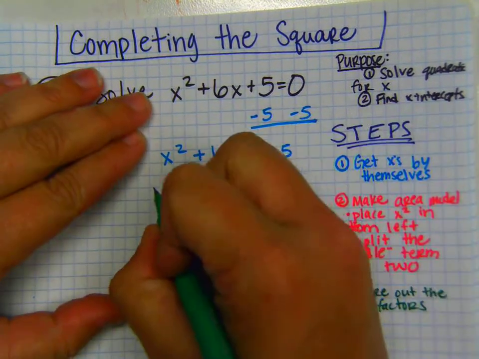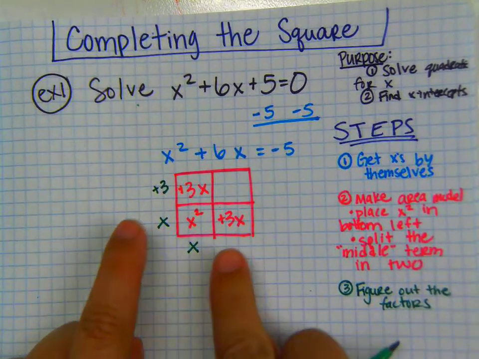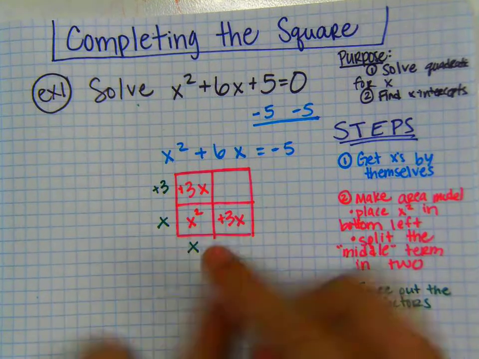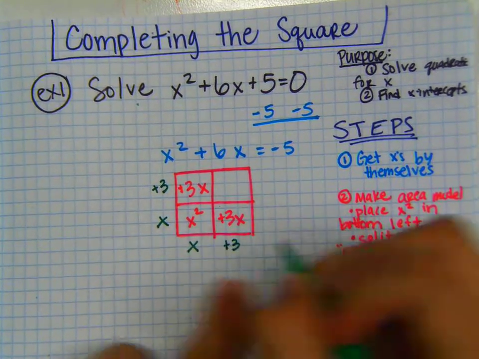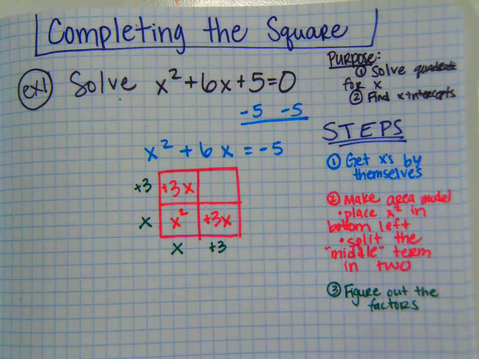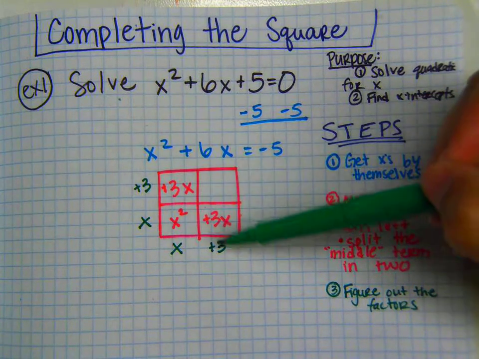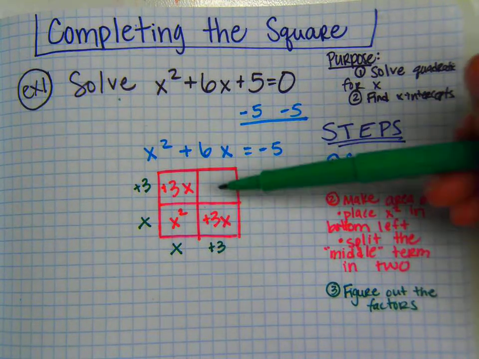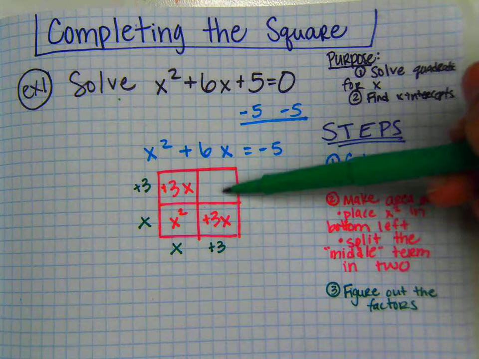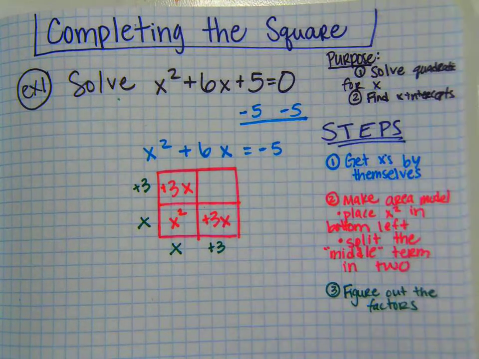Well, that'll be plus 3. What times x will give me the 3x? Again, that's plus 3. So those are the factors. Okay? Well, if this is a 3 and this is a 3, what number should be in that one? Well, you multiply 3 times 3, and that'll be a 9.